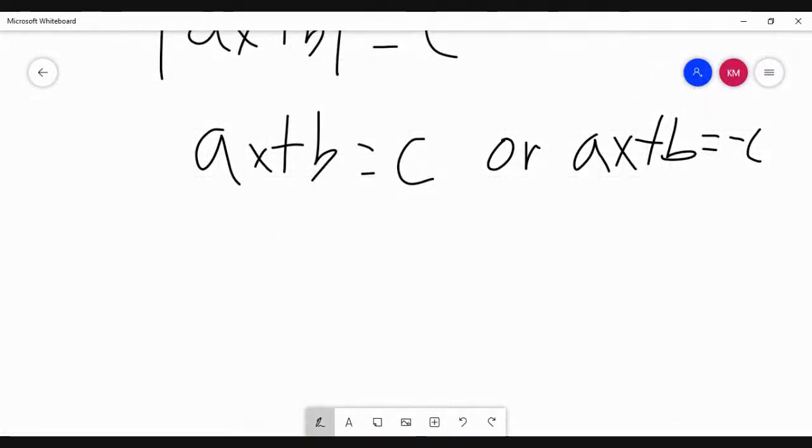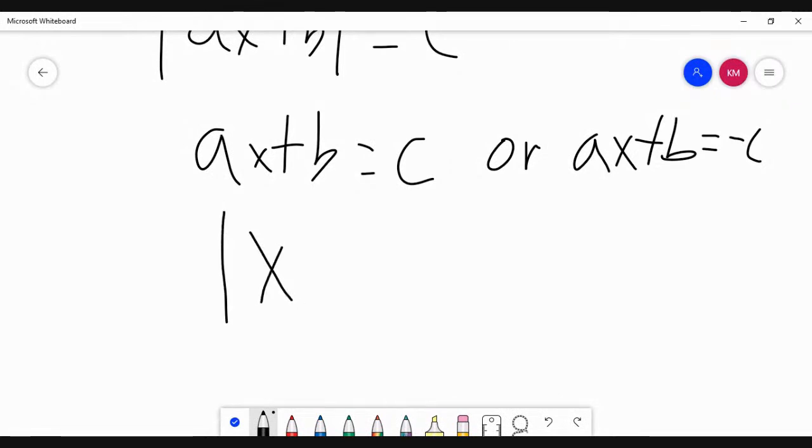For example, absolute value of X equals 7. Keep in mind the absolute value means how many units from 0.